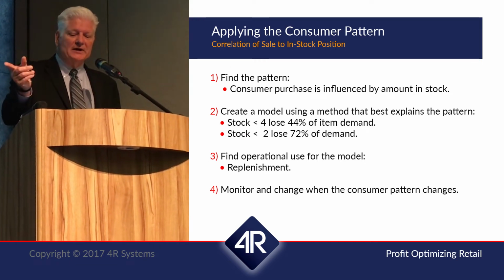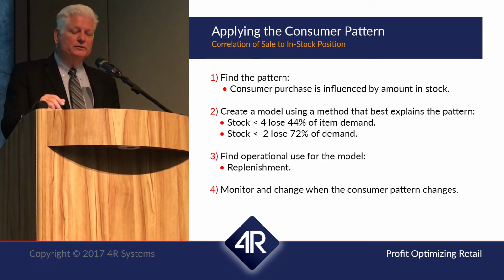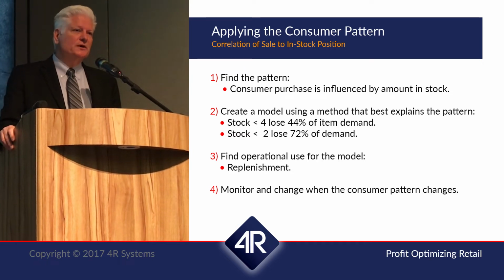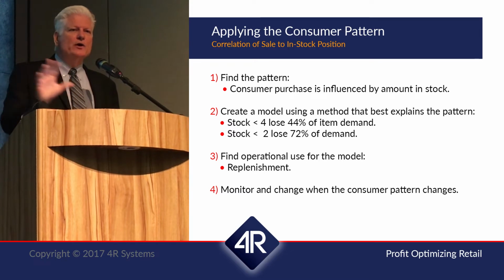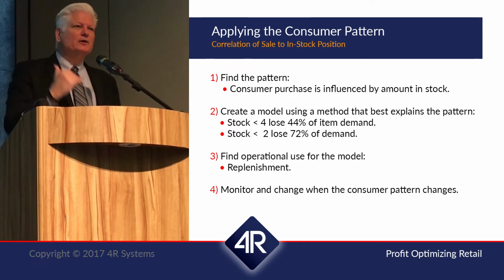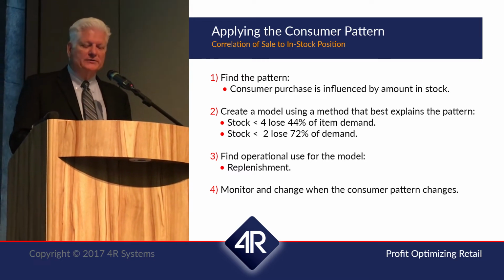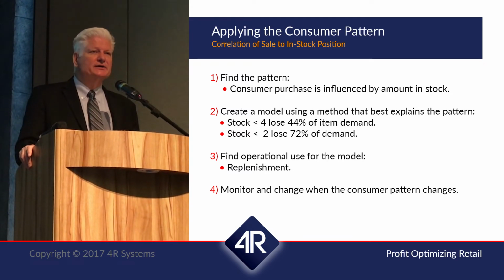If the item in stock is less than 4, demand decreases by 44%. If it's less than 2, I lose 72% of my overall demand for each of these items. And so you can now understand what's going on, you can apply it, you can look back in time and see what actually happened according to the models. You monitor it, and then you change it as time goes on.